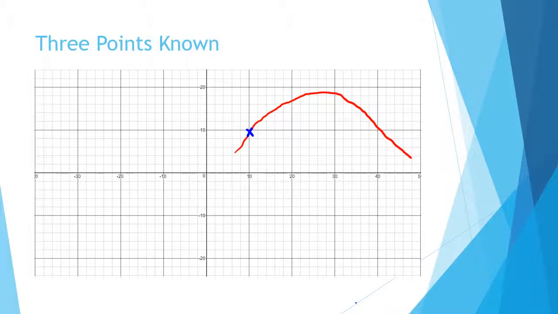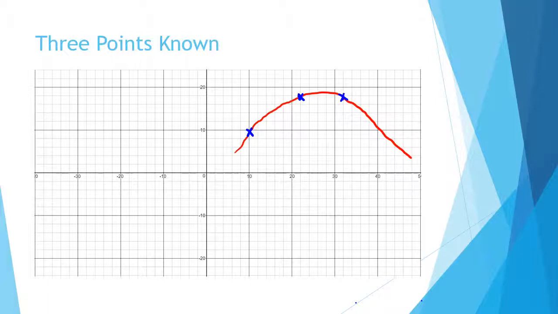Another point the parabola passes is this one here. And the third point, obviously my graph's not perfect, is this one here. None of those three points I've marked is the vertex or an x-intercept.